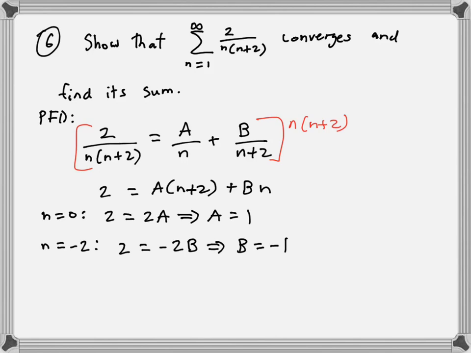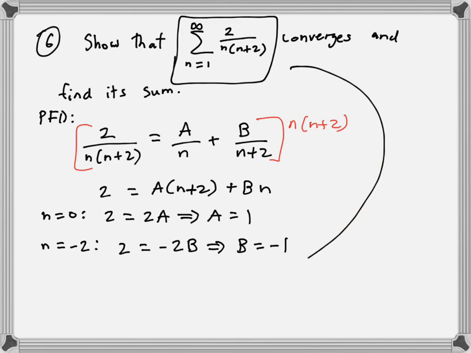Okay? So this means that my sum right here is really what? It's really 1 over n minus 1 over n plus 2. Right? Because that's what I showed.